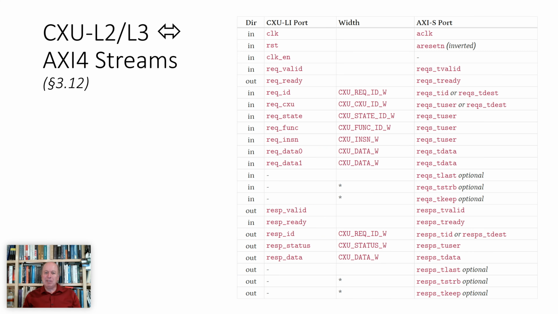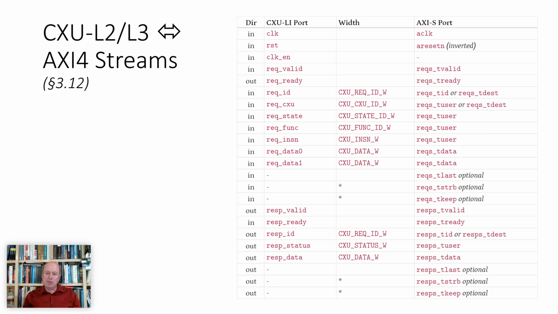CXU Level 2 and Level 3 request and response channels, each with valid-ready handshaking, can map nicely onto two AXI4 streams. This is very useful because modern SoC infrastructure provides many AXI4 system interconnects to transport AXI4 streams about the chip. For example, in the AMD Versal devices, its NOC speaks AXI4 streams.